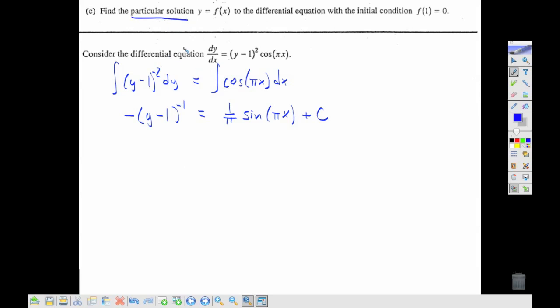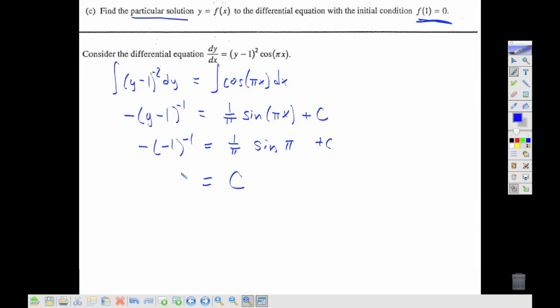Now we haven't really found the particular solution yet because we need to have this solved for y. Now we want to use this as our initial condition so we can plug in 1 and 0 for this. So when x is 1, then y is going to be 0. Now the sine of pi is equal to 0, so that would just leave us with c on this side.